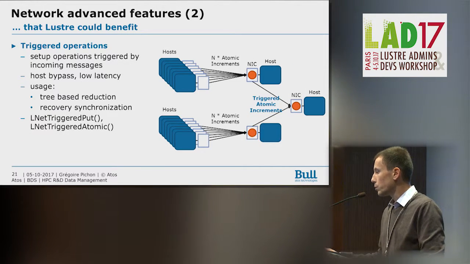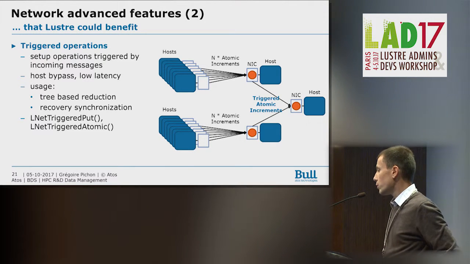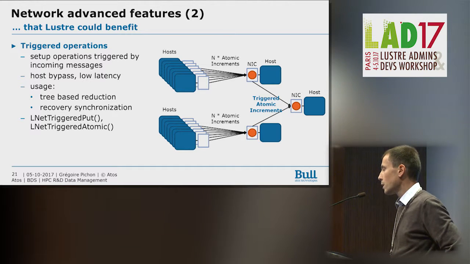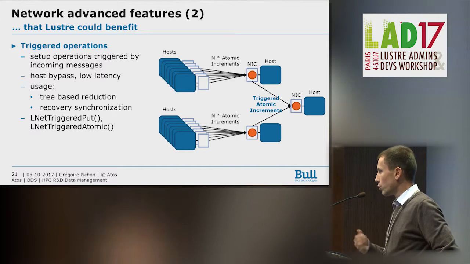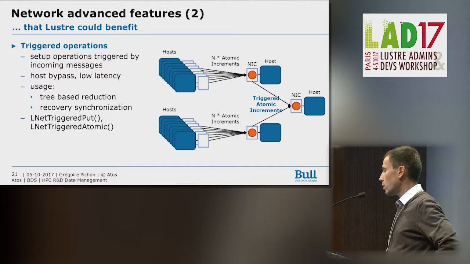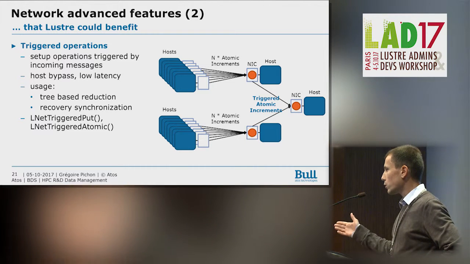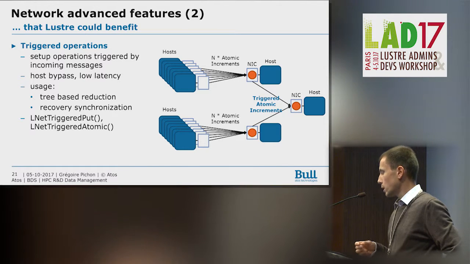Another suggestion would be to use triggered operations. This kind of operation is a way to launch a network operation conditioned by a number of messages received on a variable or on a memory region. In this example, we've got 3 layers of hosts, and we perform a tree-based reduction.